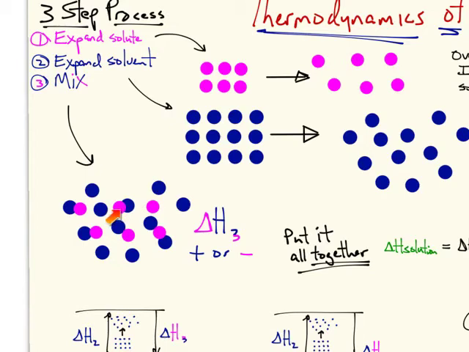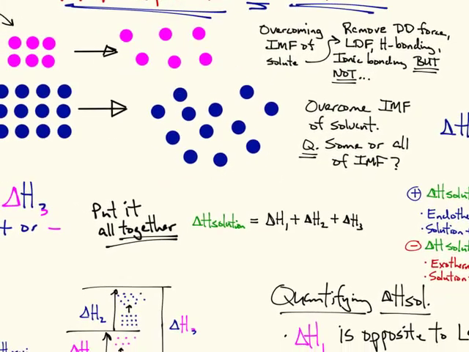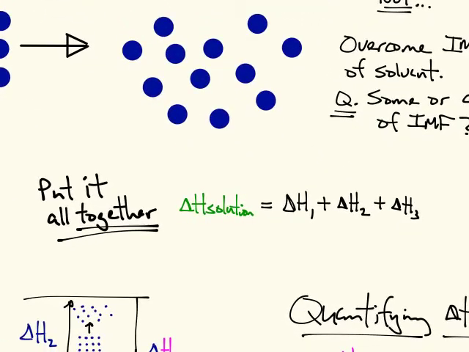Well, you can see hopefully here that we're creating interactions. Before we were breaking them up, now we're allowing interactions to be created. So we're going to call this delta H3 the mixing enthalpy, and it's going to be negative. Putting it all together, we now have an equation for the heat of solution.